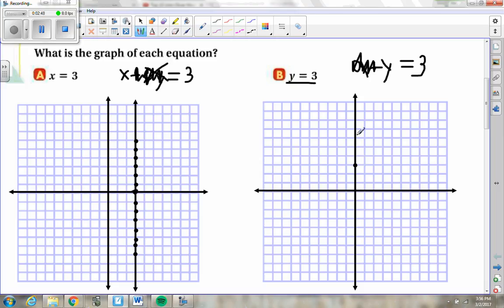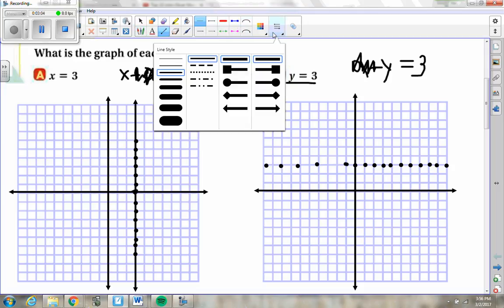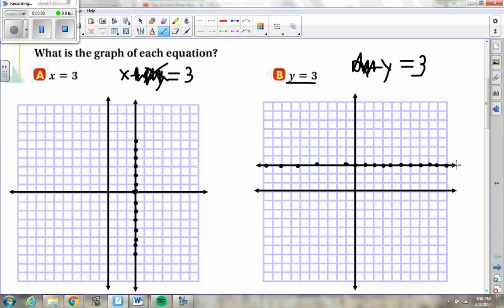And remember, in this case, there's nothing here about the x, so we don't have to worry about the x at all. We just get to deal with every single point where the y value is 3. Y is 3, y is 3, y is 3, all in those places. Okay? So that leads us to a horizontal line at y equals 3, like that.